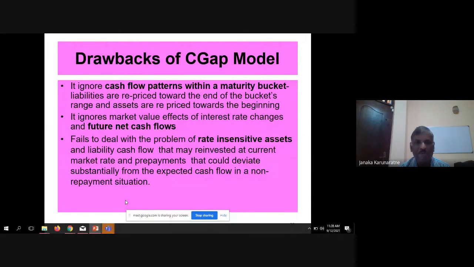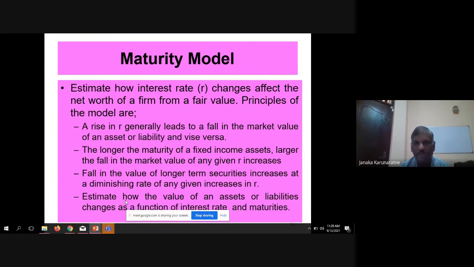Or there could be prepayments that we need to refinance, whatever. So that is possible. With that, probably we don't capture that, so there may be a possible margin of error, right? Okay, so that's the basic background behind the repricing model.